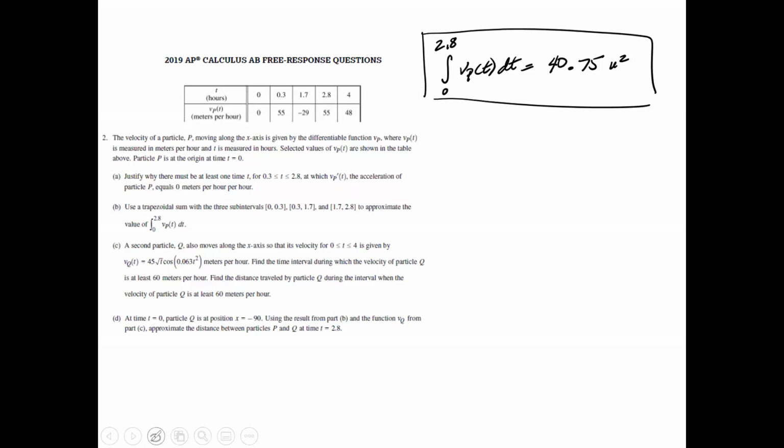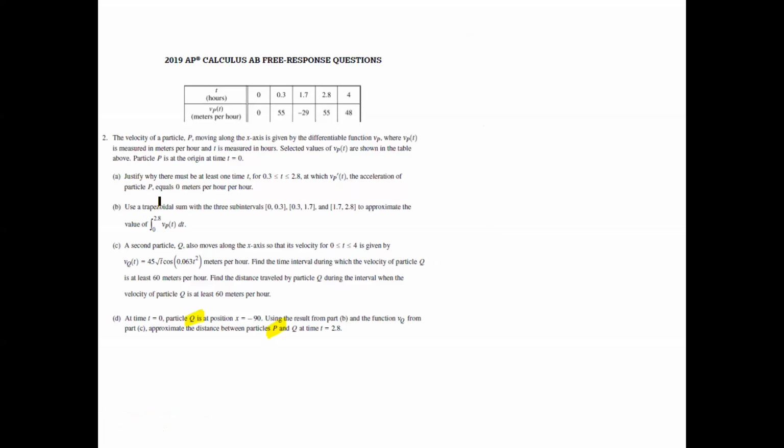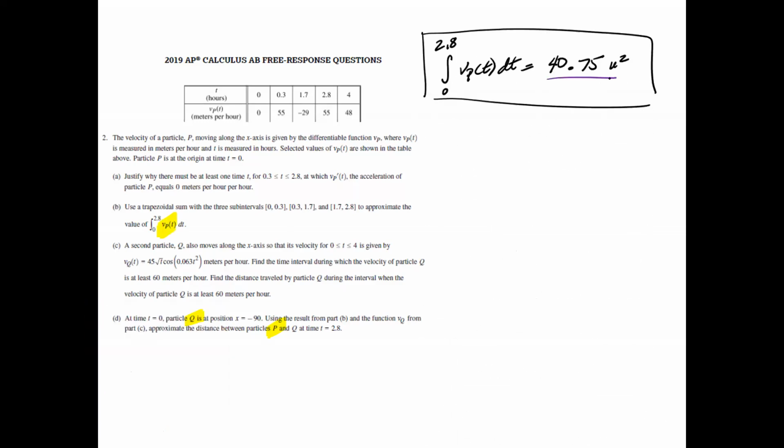So with this one, we need to look for the distance of two distinct parts. One is position Q, the other one is position P. In part B, we determined the integral of v of P from 0 to 2.8 for the time, and we determined that to be 40.75.